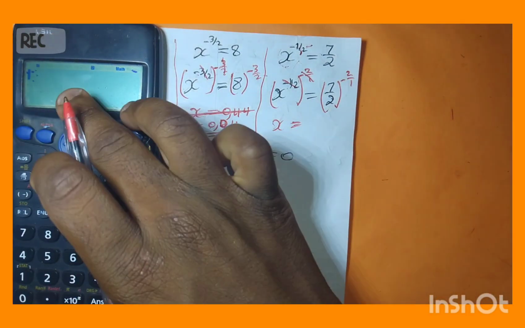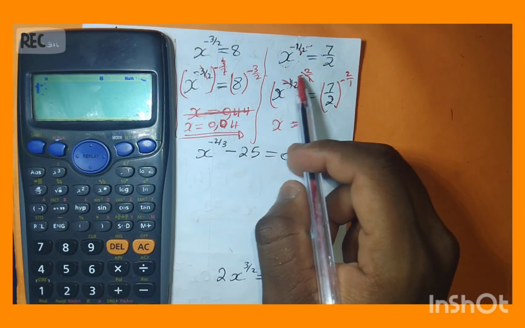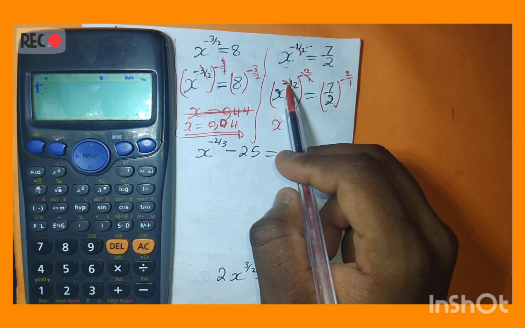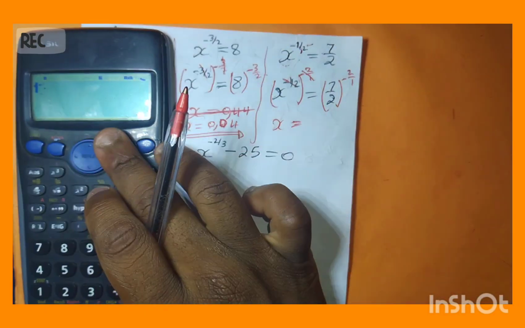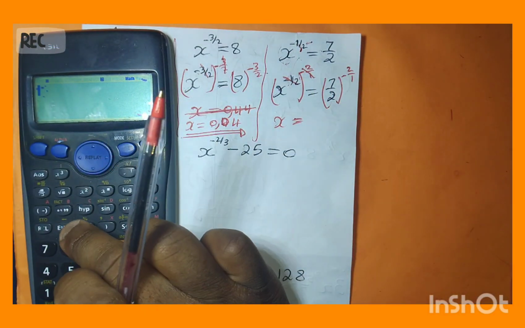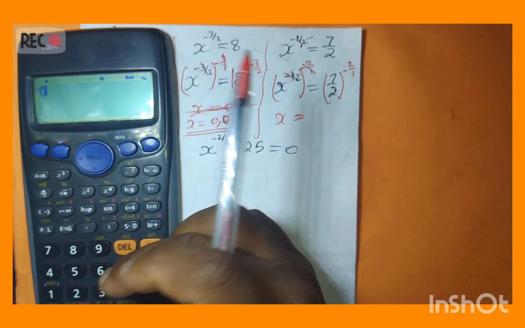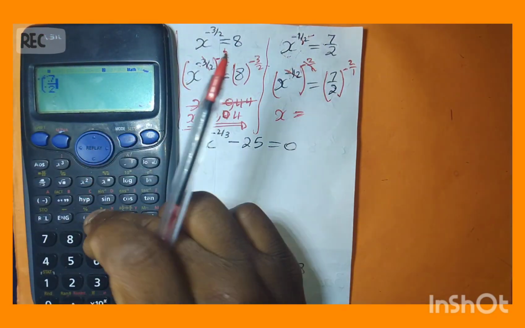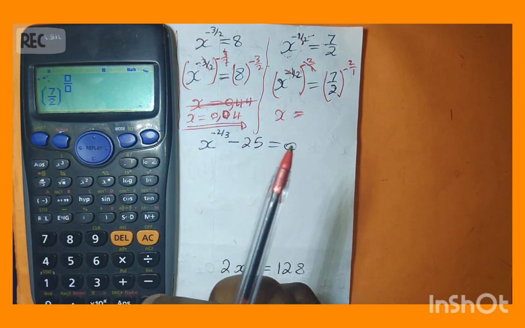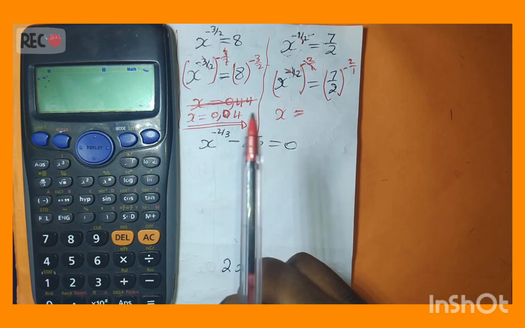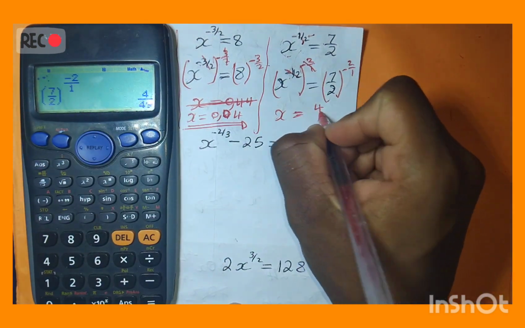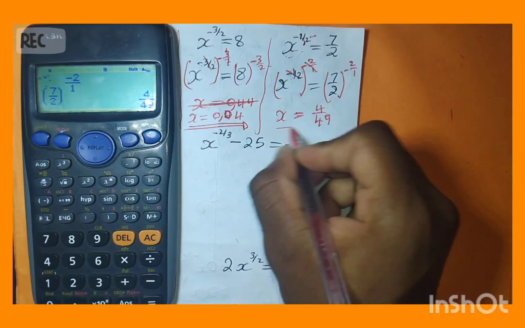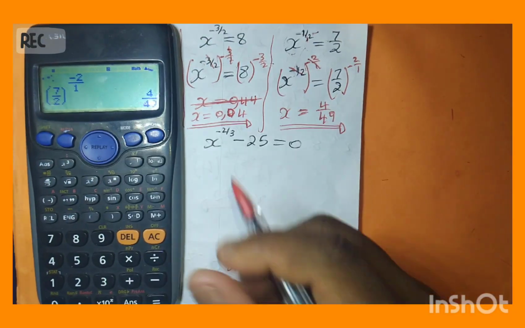A reciprocal, guys, is the opposite of this. Take the opposite of that on both sides. So now I should press all of this on my calculator. This is how I press them. I'll say 7 fraction 2 close exponent fraction negative 2 over 1. So it means that I'll get 4 over 49. That one is my final answer.